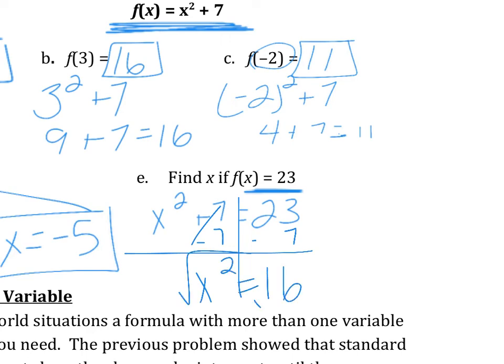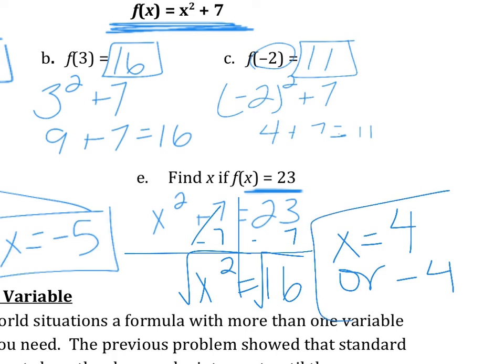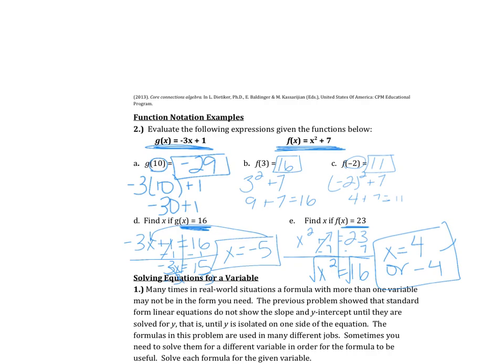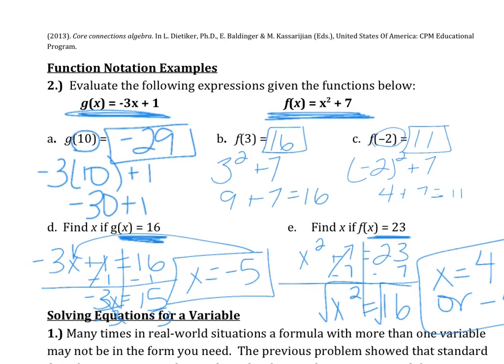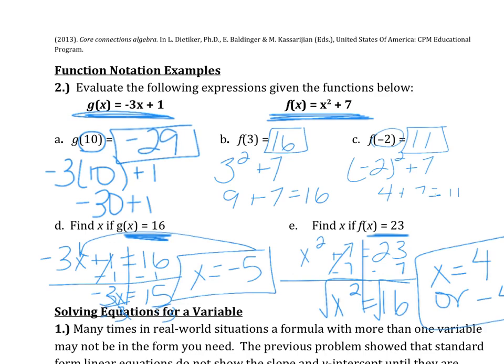And then to solve for x, I'm going to square root both sides. So we have 4, or we have -4, because both, when you plug them in, 4 squared is 16, and -4 times -4 is also 16. And then when we add 7, we will get 23. So this is a good example of what you're going to be doing in IXL Q7.